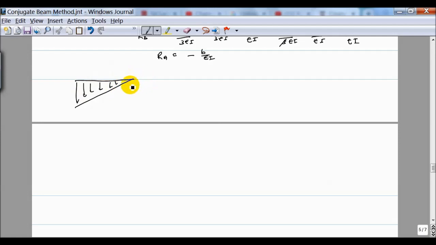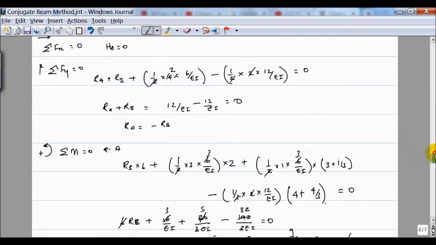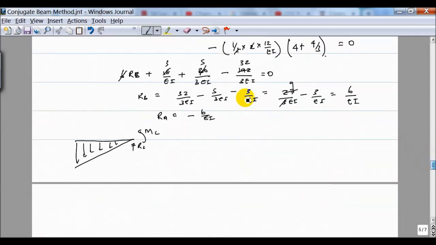And here I need to find my RC and MC, and those are the two values that are required as per the question. I should mark it clockwise. Okay, MC, and this value RB is coming here as 6 over EI.